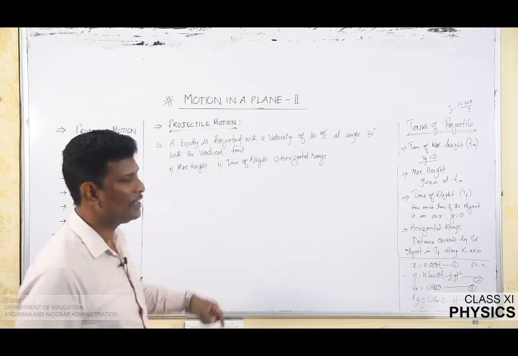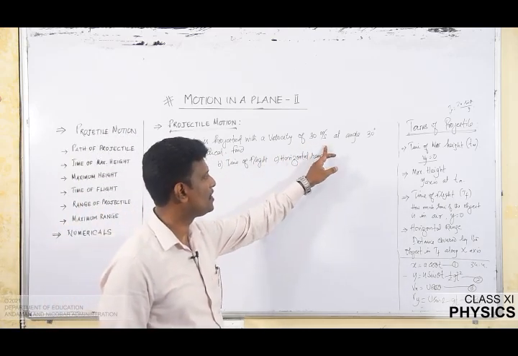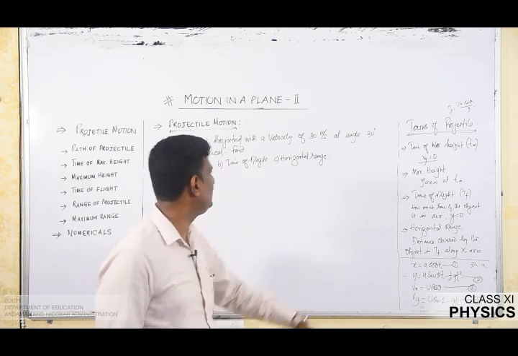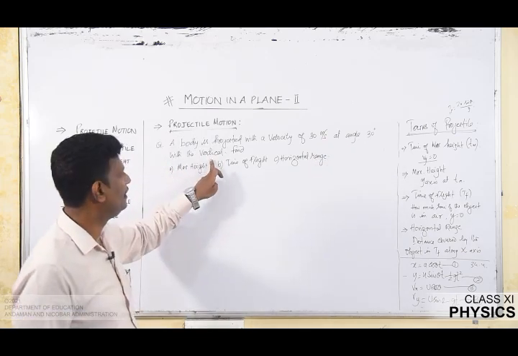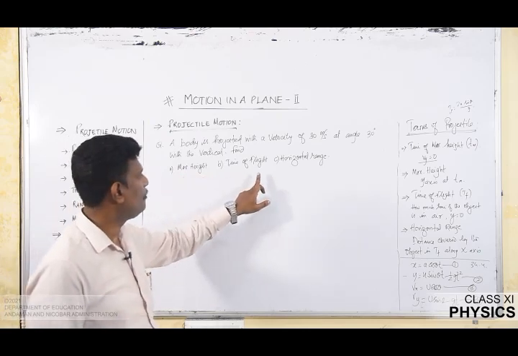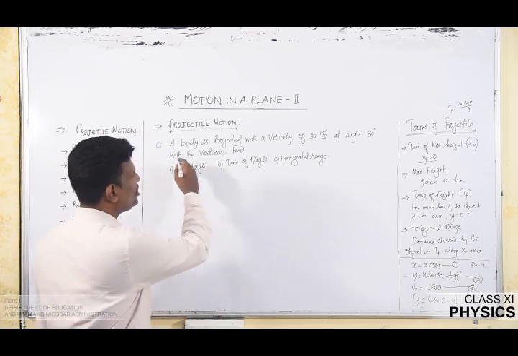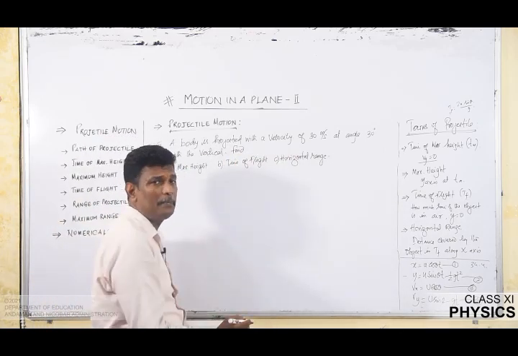A body is projected with a velocity of 30 meter per second at an angle 30 degree with the vertical. Find maximum height, time of flight, horizontal range. So, body is projected with a velocity of 30 meter per second.